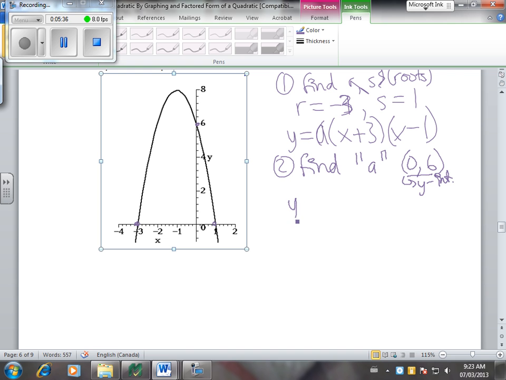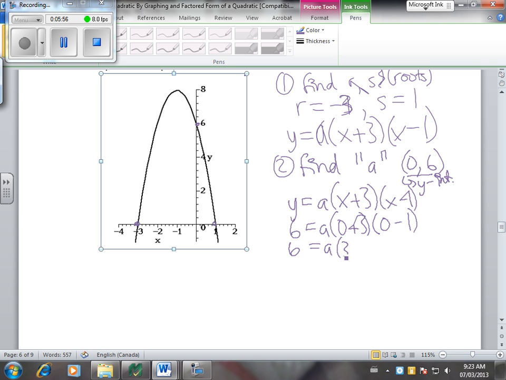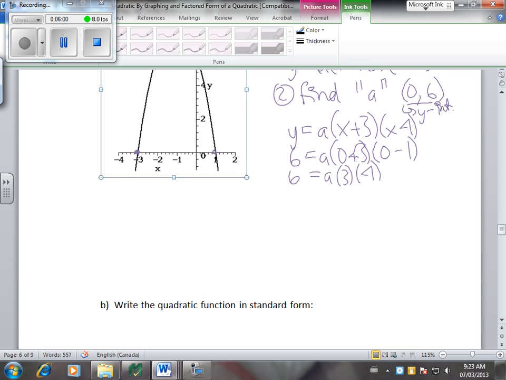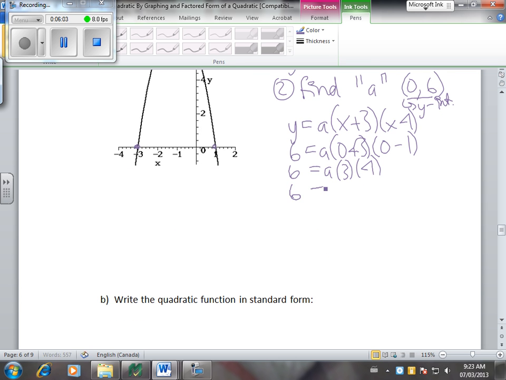Okay, so if we have y equals a times x plus 3 times x minus 1, we'll put 6 equals a times 0 plus 3 and 0 minus 1. And that gives us 6 equals a times 3 times negative 1. And that will give us 6 equals negative 3a. We divide by negative 3 on both sides.